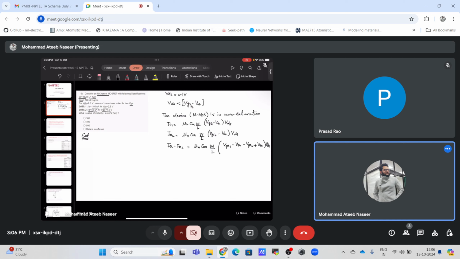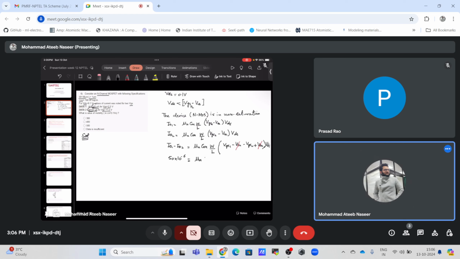So VTH and VTH will cancel, and we will be left with ID1 minus ID2. ID1 is 100 microamps and ID2 is 50, so it will be 50 microamps, so it's 50 into 10 to the power of minus 6. Mu n we need to find out.